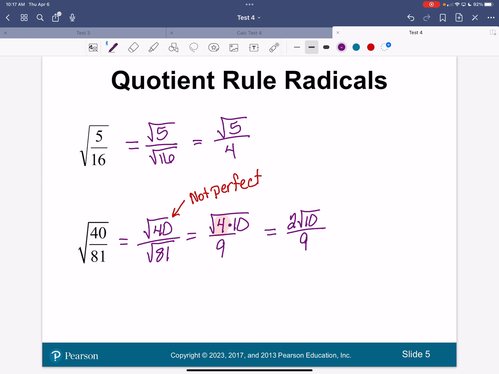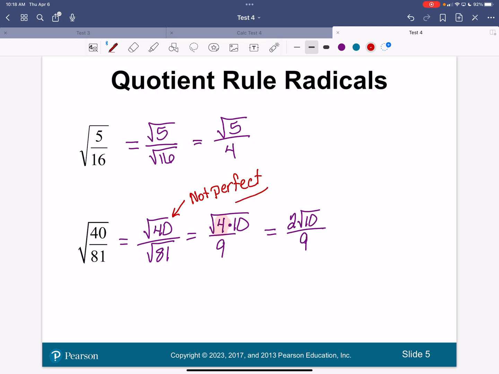Okay? So when I do not have a perfect square inside my square root, always ask myself, can I break this down into a perfect square factor? And you always want the largest perfect square factor.